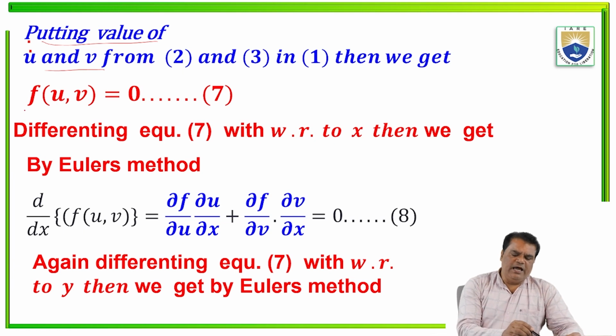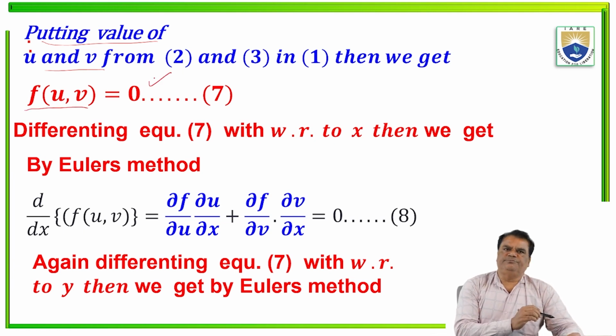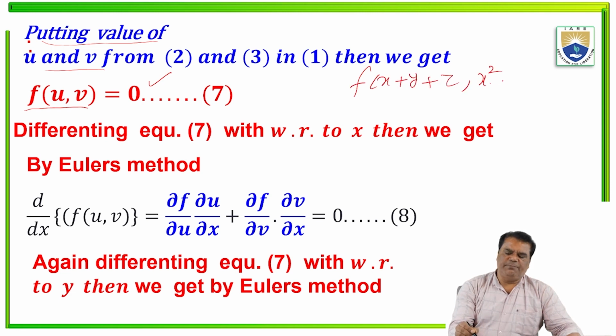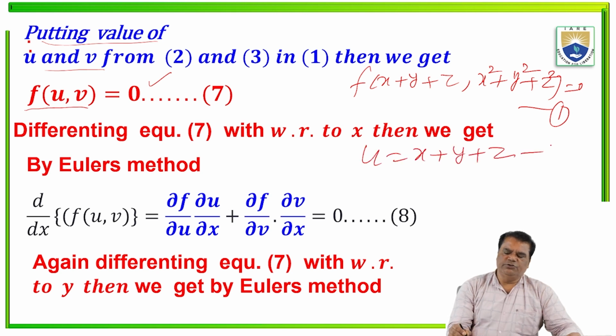Then we get f(u, v) equal to 0. Here f(x plus y plus z, x square plus y square plus z square) equals 0. This is equation 1. We consider here u is x plus y plus z, this is equation 2, and v is x square plus y square plus z square, this is equation 3.